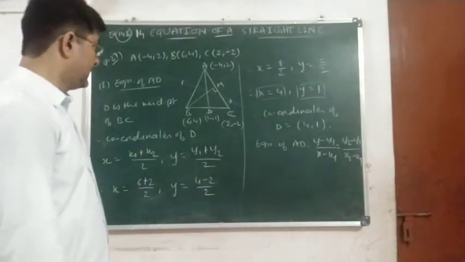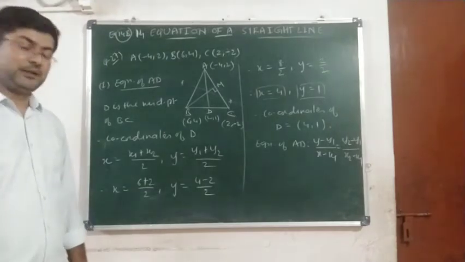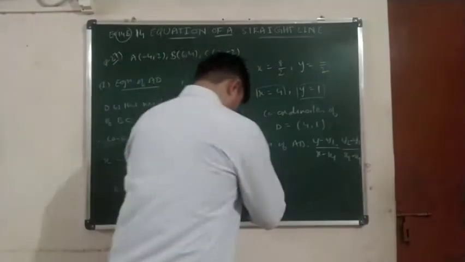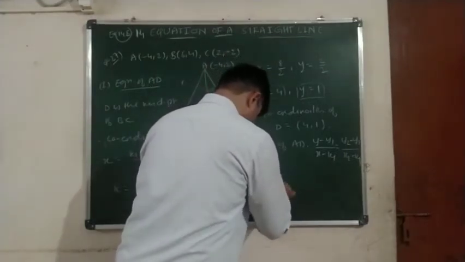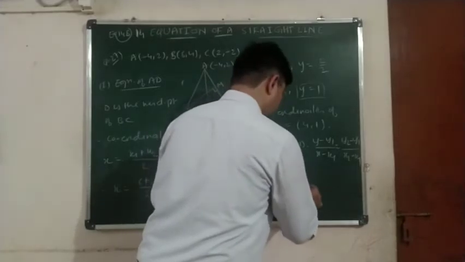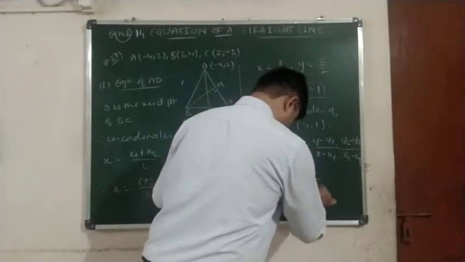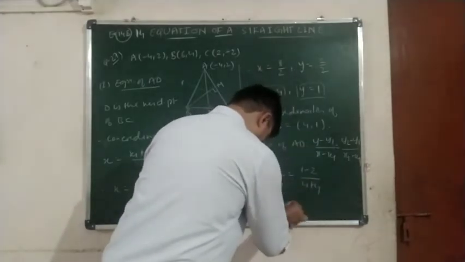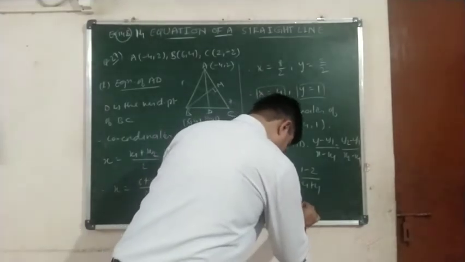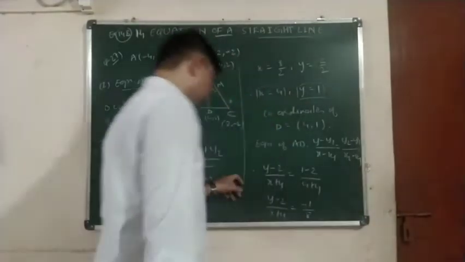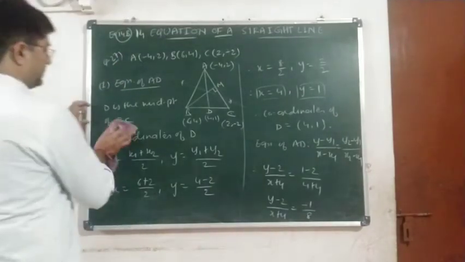If we consider the coordinates of A to be x1, y1 and D to be x2, y2, then y minus 2 upon x plus 4 is equal to 1 minus 2 upon 4 plus 4. Therefore y minus 2 upon x plus 4 is equal to minus 1 upon 8. Let us cross multiply to get the answer.